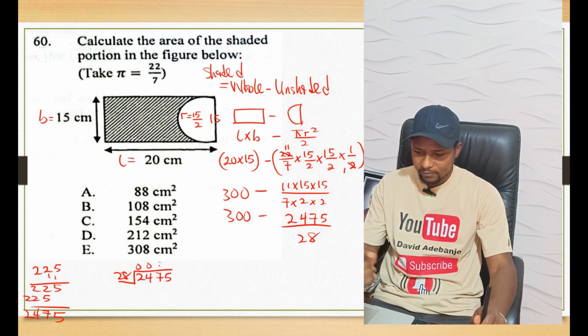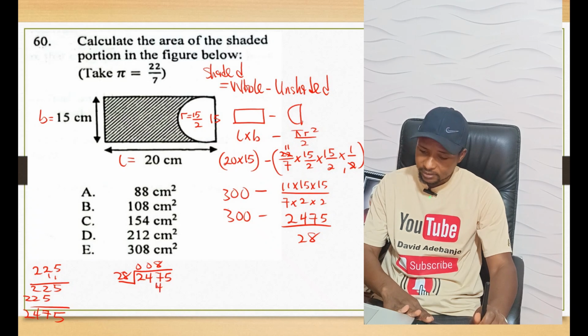So let's try 8. 8 times 8 is 64. 4 carry 6. 8 times 2 is 16, plus the carried 6, that's 22. So when you subtract, you have 3, and then you have 2. So drop down your 5.